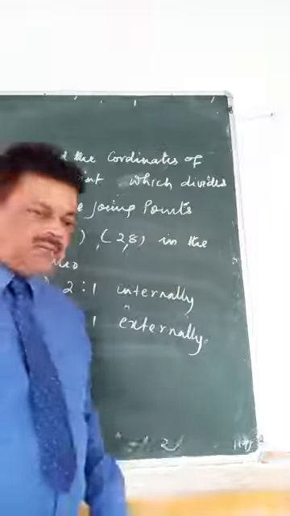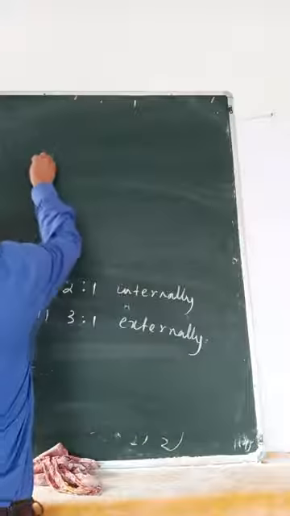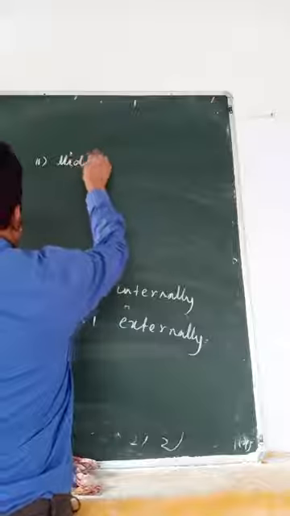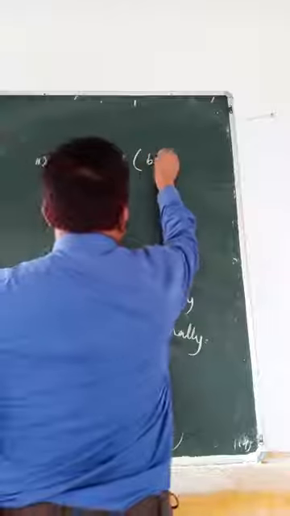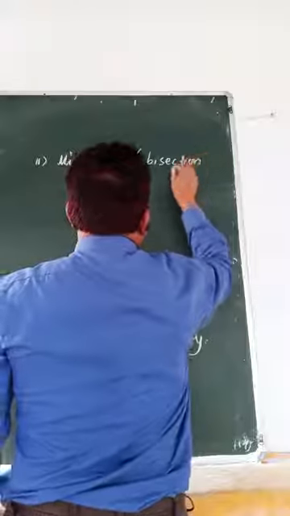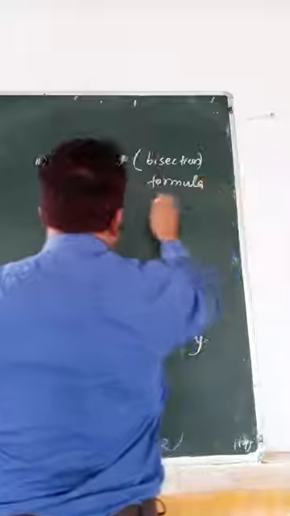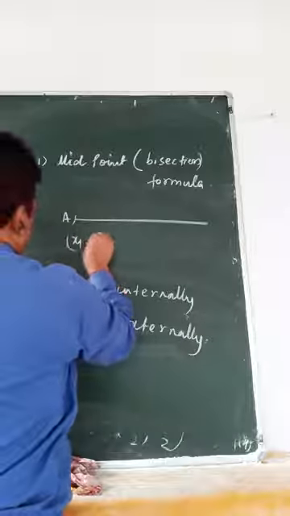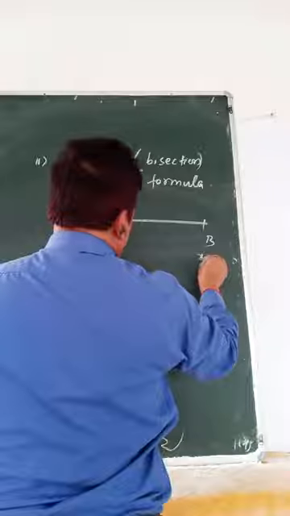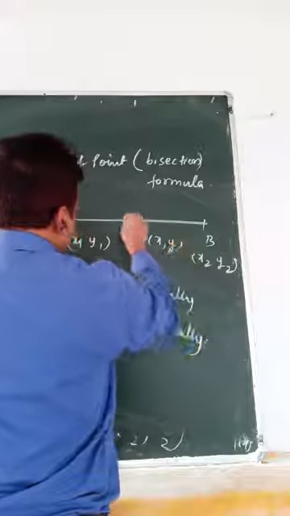Now you continue the same ratio formula, midpoint formula you call. Midpoint means bisection formula. But you have to remember midpoint: A is here, x1, y1, B is here, x2, y2. This is the point P, x, y.